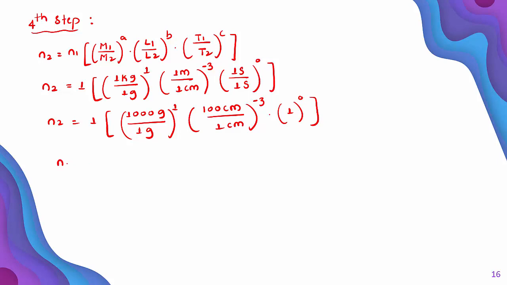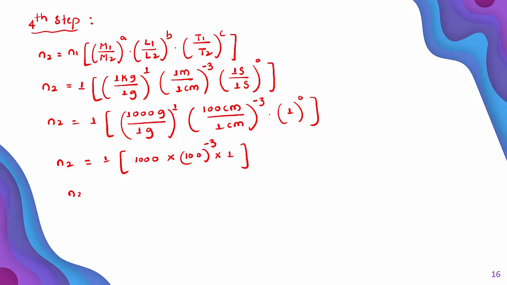Now this equation can be written as N2 equal to 1 into 1000 divided by 1 will be 1000, 1000 raised to 1 will be again 1000, into 100 divided by 1 will be 100 raised to minus 3, into 1 raised to 0. 1 raised to 0 will be again 1.